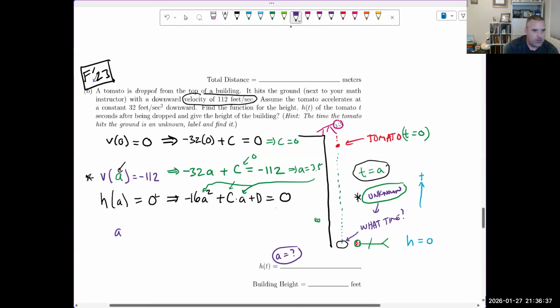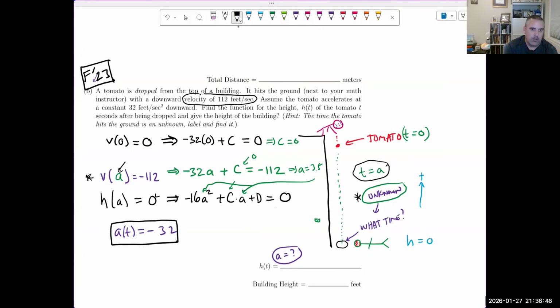What I'm starting from is first principles of if the acceleration is negative 32, if that's our only assumption, and physicists do this too. If we assume there's only gravity and nothing else, then the velocity has to be negative 32t plus a constant, and the height has to be negative 16t squared.